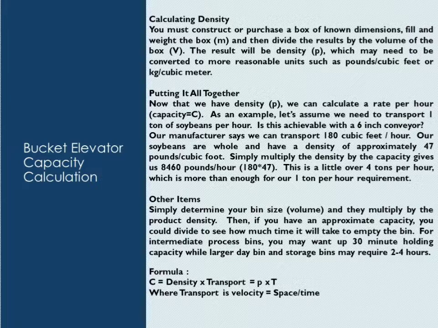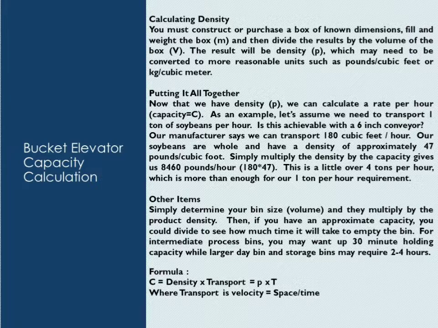Now that we have density, we can calculate the rate per hour, or capacity, C. As an example, let's assume we need to transport 1 ton of soybeans per hour. Is this achievable with a 6-inch conveyor? Our manufacturer says we can transport 180 cubic feet per hour. Our soybeans are whole and have a density of approximately 47 pounds per cubic foot.